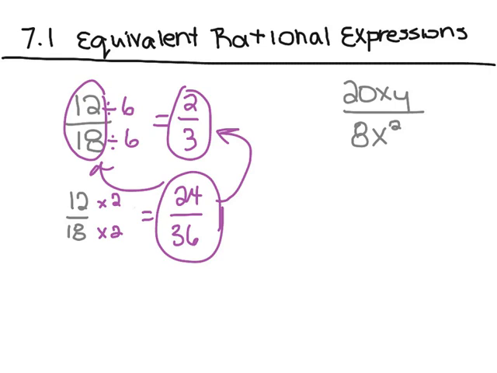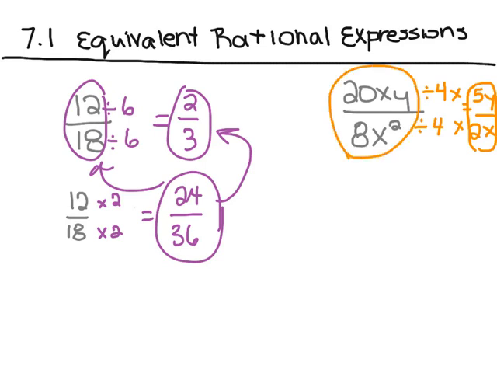You can do the same thing with variables. So if we wanted to take out a common factor, we could take out a 4 from both of them and an x from both of them. So the top would turn into 5y, and the bottom would turn into 2x. So this fraction is the same as this fraction. We could also make it bigger.